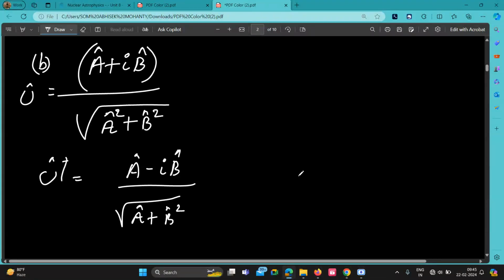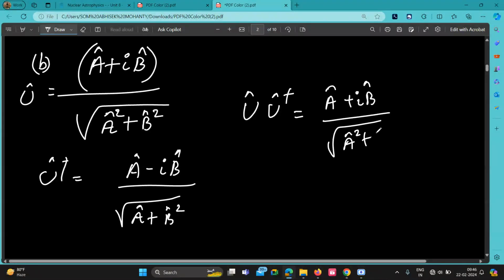So U U dagger will be A plus iB divided by root over A square plus B square into A minus iB divided by root over A square plus B square.